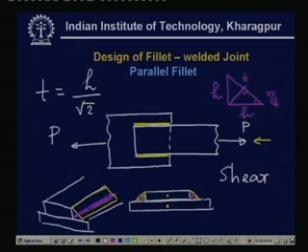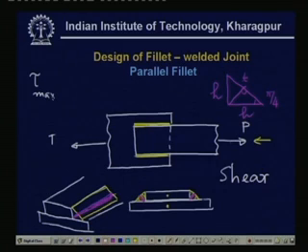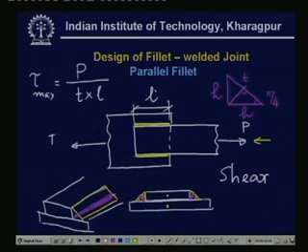Now, the maximum shear stress, tau max, will be equal to the force divided by the total cross section area, and here the total cross section area is T times the length L, and there are two such welds which are symmetric.